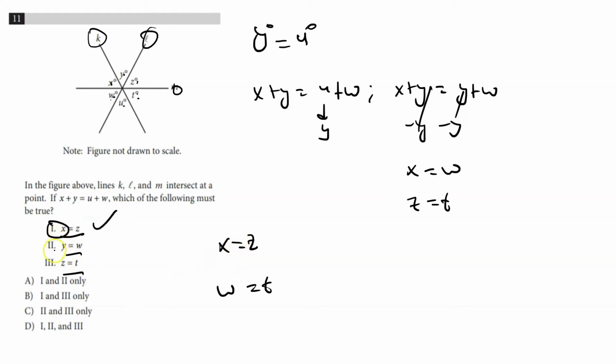What about the second Roman numeral, y equals w? We only know that y is related to u and nothing else. So y is not equal to w. That is false, and we can cross out all of the choices that include it. We don't even need to prove number 3 because answer choices A, C, and D all include number 2 being true. So the correct answer choice is B.